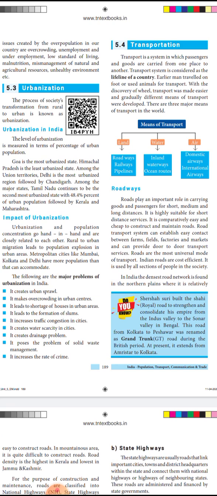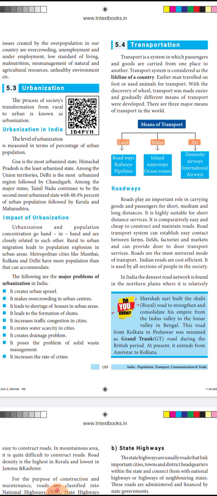In India, the densest roads are found in the northern plains, in the northern states. In mountainous regions, it is quite difficult to construct roads.